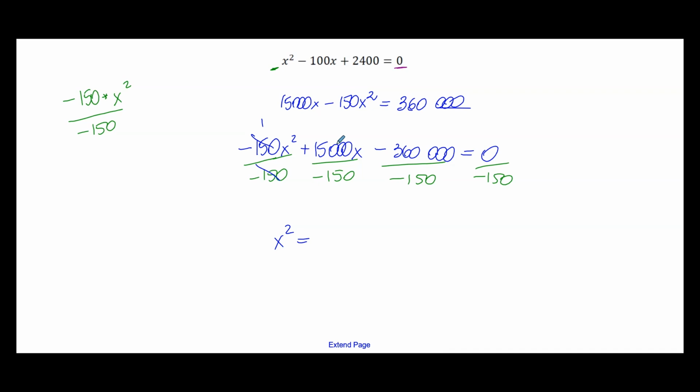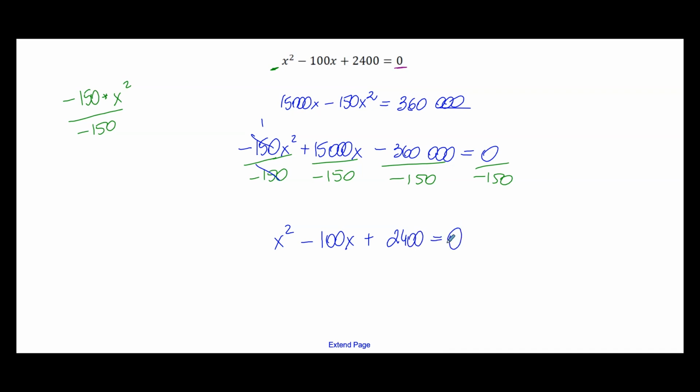Then I'm putting my 15,000 into the calculator. So 15,000 divided by minus 150. The value I'm going to get will be minus 100x, and again minus 360,000 divided by minus 150, we're going to get plus 2,400.